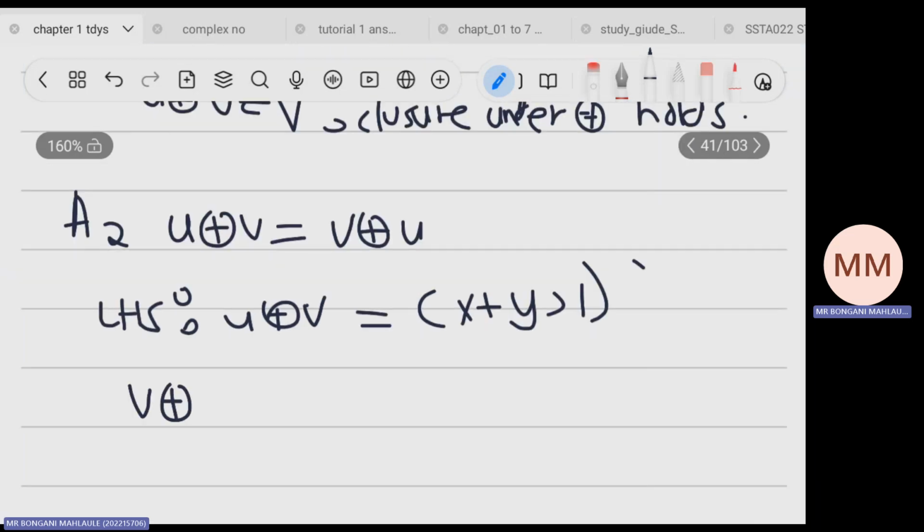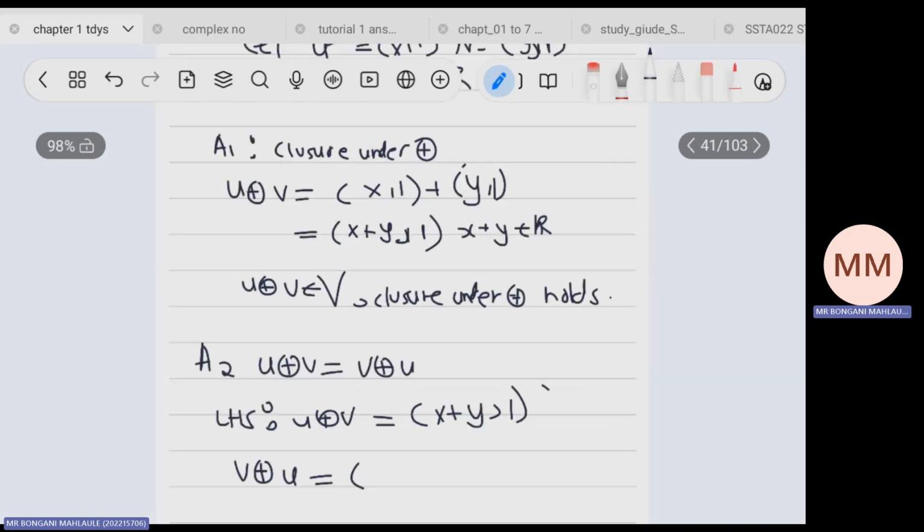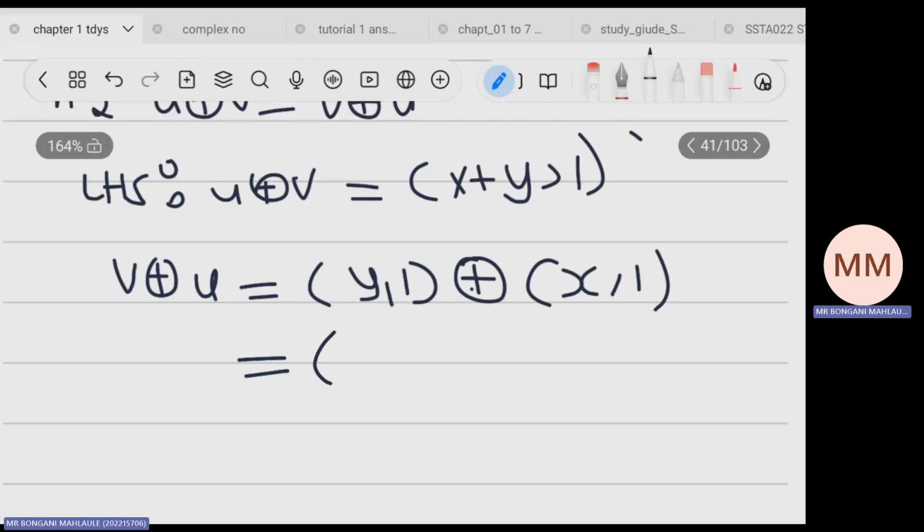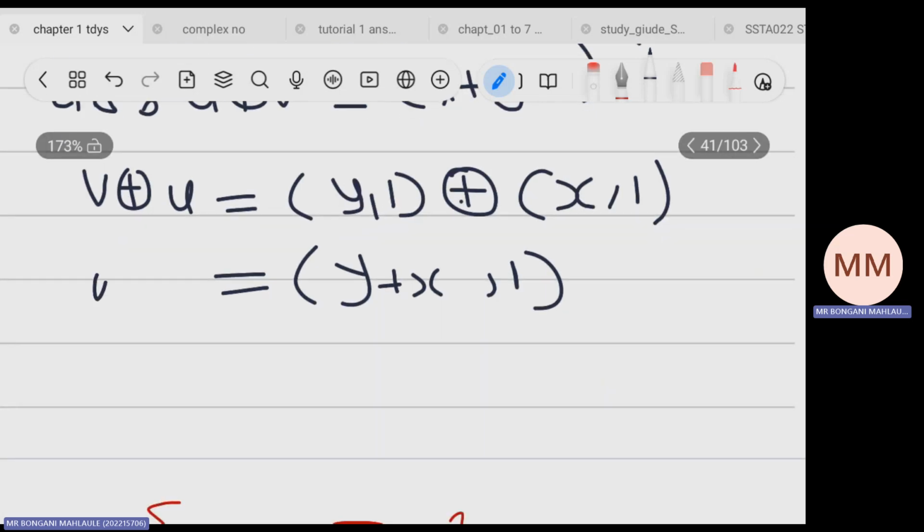Then for v plus u, we know that you're going to perform (y, 1) plus (x, 1). Then this will give us y plus x. Then you fix 1. So this is our answer.